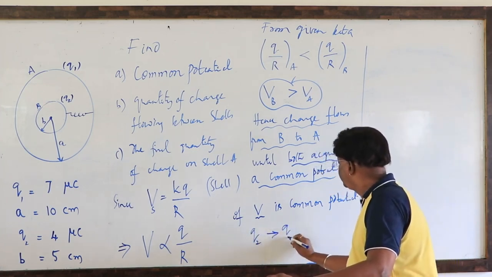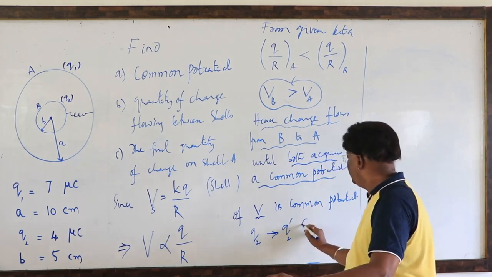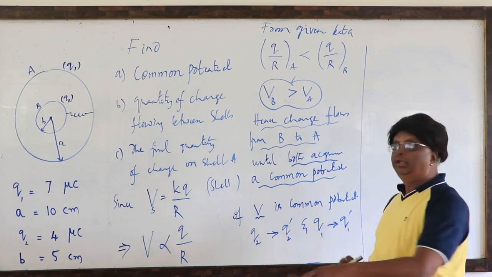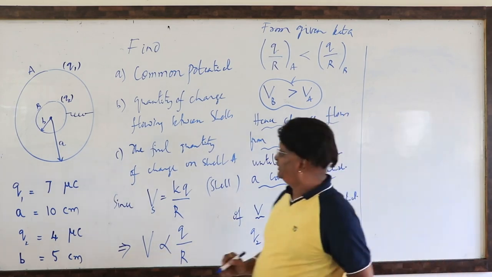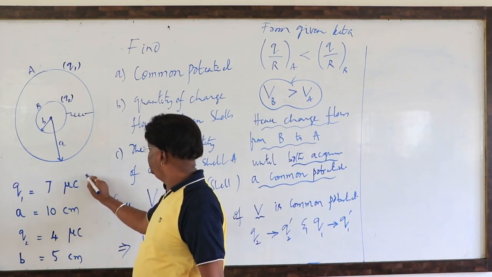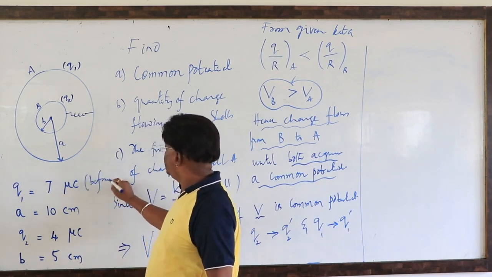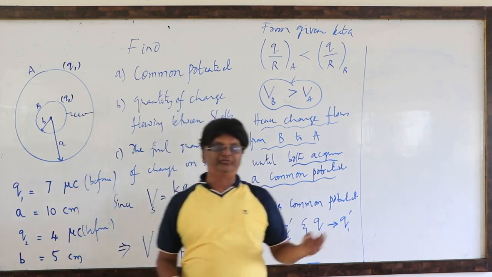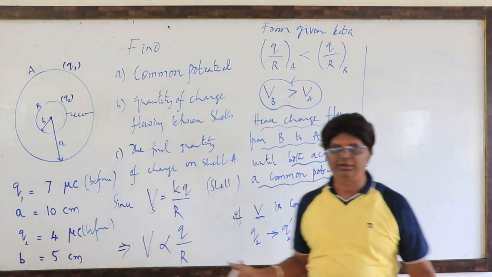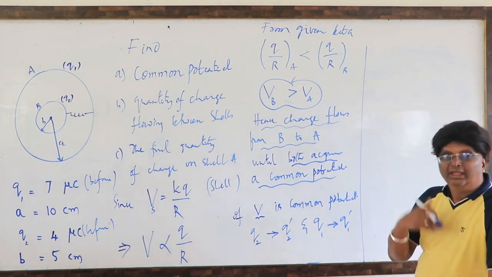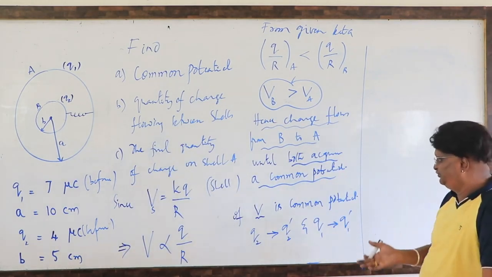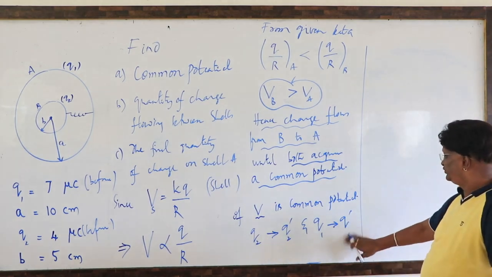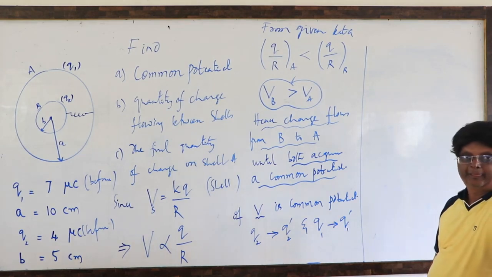Q2 becomes Q2 dash and Q1 becomes Q1 dash. Q1 and Q2 are the charges we have shown before connecting by a wire. After connecting the wire, because of the flow of charges, the magnitudes have changed such that Q2 becomes Q2 dash and Q1 becomes Q1 dash.